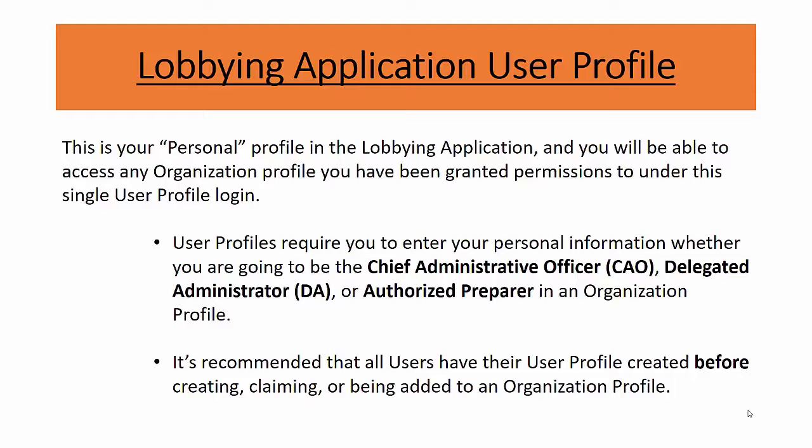This is your personal user profile that grants you access to all your affiliated organization profiles. It is required that you have your user profile created before you will be able to create or claim the organization profile. It is also recommended that all users have a user profile completed before their names are added to an organization profile.